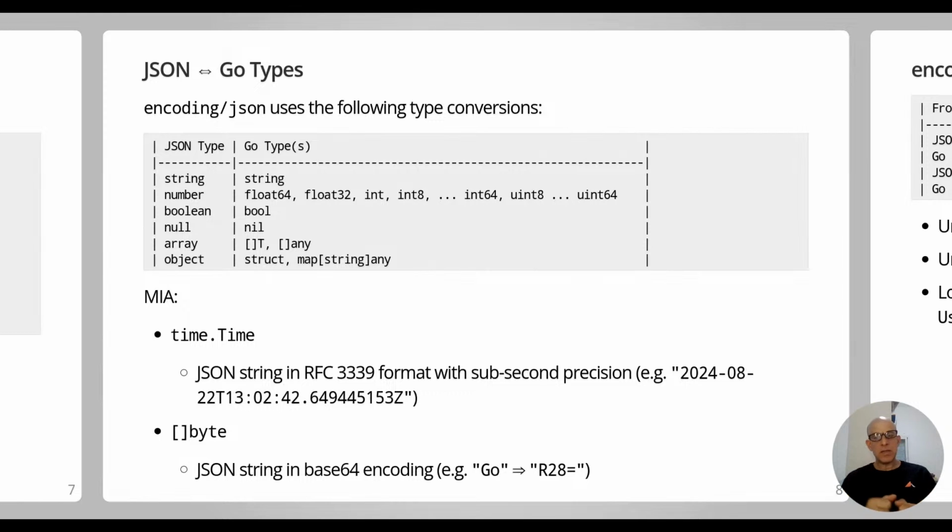But again, here the other side needs to know that this is what Go is doing. So if I'm sending from Go to Java, Java says, okay, I got a string, but now I need to use base 64 to convert it back to, let's say, an image, if I need to work with that image. So these are the type conversions that we have between JSON and Go.